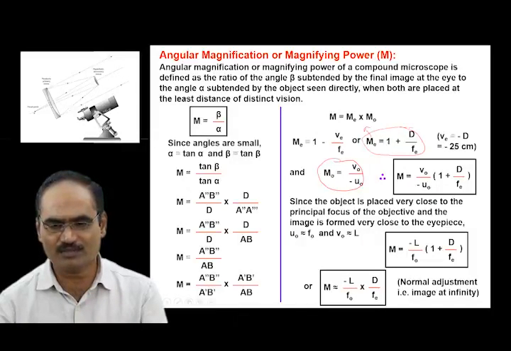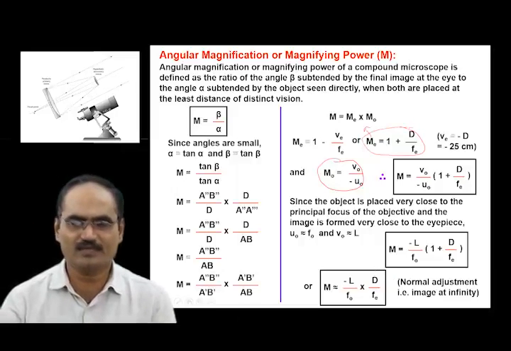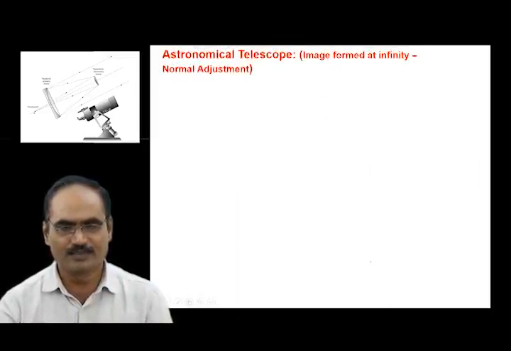So overall, substituting these two in this equation, we can write M is equal to minus L by F naught into 1 plus D by FE. For normal adjustment, the image forms at infinity, and then M is equal to minus L by F naught into D by FE. So this is all about how the magnification of the compound microscope can be obtained.